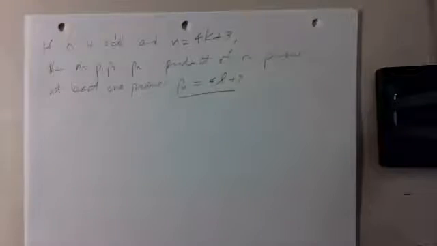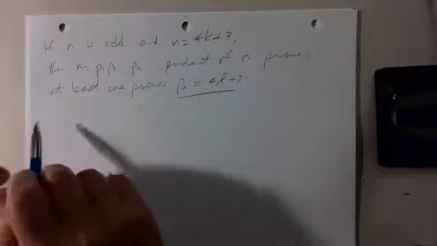Because if each of these primes was of the form 4l + 1, when you multiply them together, you get another number of the form 4l + 1. So if a number leaves a remainder of 3 when you divide by 4, and you write that number as a product of primes, one of those primes must have a remainder of 3 when you divide by 4.